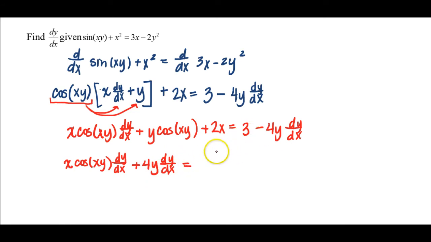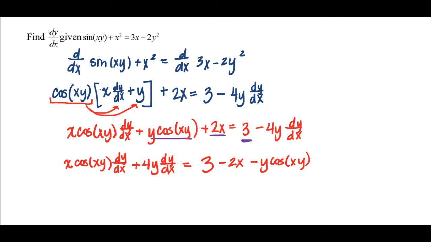On the right, I have the 3 already, and then I'm going to have to move over the y cosine xy part and the 2x part. So I'm going to have to subtract 2x and subtract y cosine xy that was on the left.